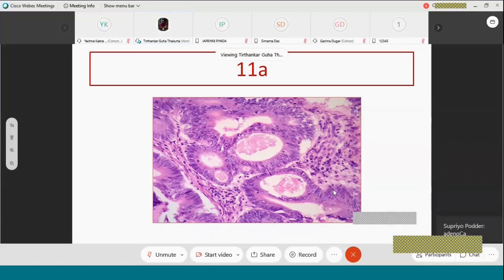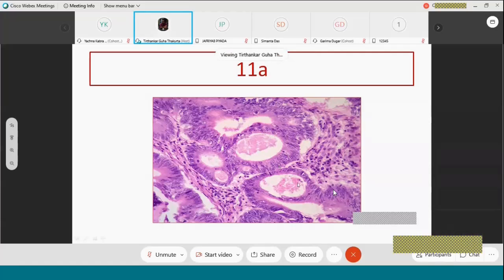This is a slide showing multiple glands. The glands are lined by multiple layers of epithelium, which is not normal. The cells are pleomorphic, some big, some small, and you can also see that the glands are extremely irregular.